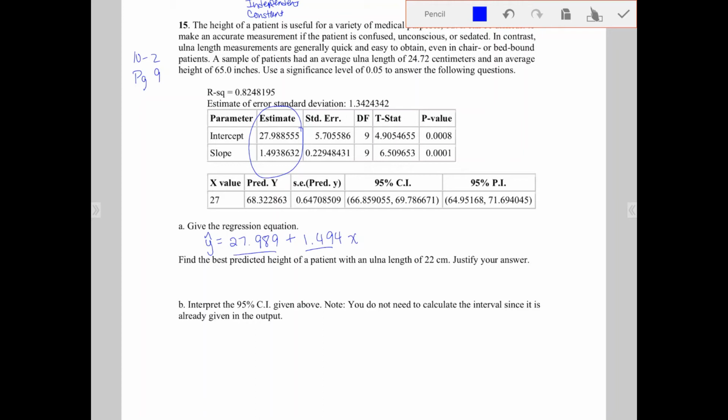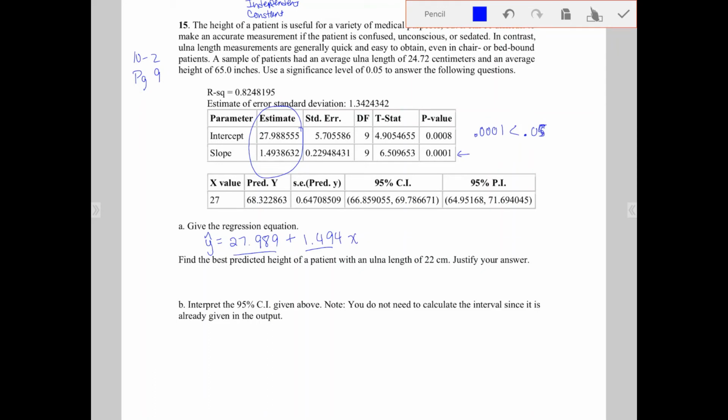Then it says find the best predicted height of a patient with an ulna length of 22 centimeters and justify your answer. All right, so again, this is where we have to check to see if there is a linear correlation to make predictions. And on this, I'm going to look at my slope's p-value, 0.0001, and I'm going to compare that to my significance level. It is less than 0.05.